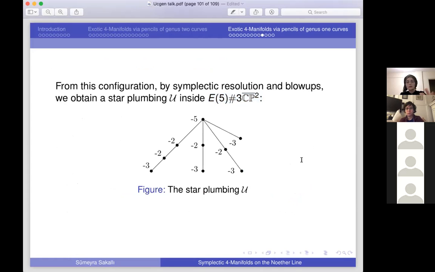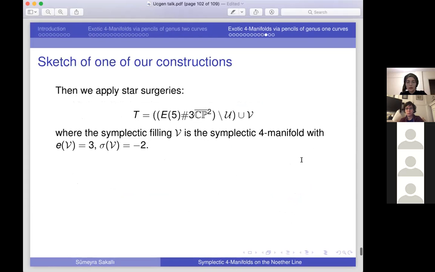And next to that plumbing, I applied star surgery. So we take this out, and then we replace it with its filling, V. And V is the symplectic filling. It is a symplectic 4-manifold, and it has the same boundary as our plumbing U. And we also know its topological invariants and so on.